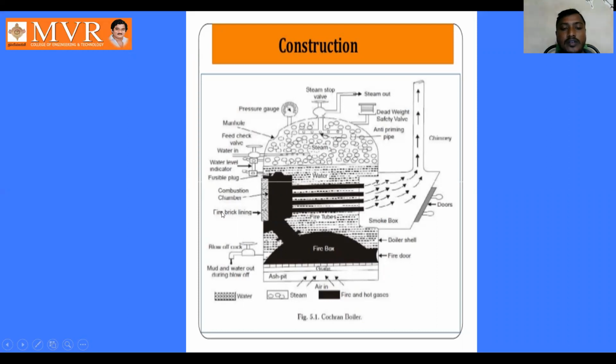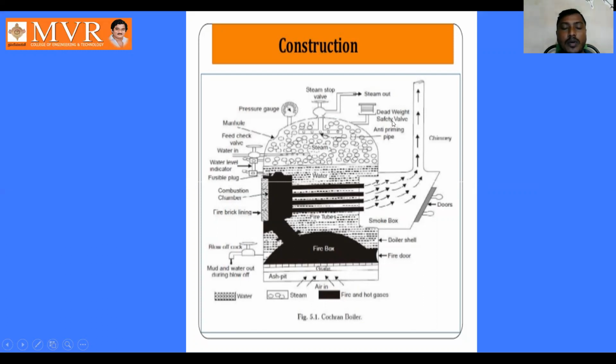After hitting the fire brick lining, these hot gases enter the horizontal tubes, and the water circulates around these horizontal tubes. The steam is collected by using this anti-priming pipe, and the remaining hot gases are sent into the smoke box, and from the smoke box they enter the atmosphere by using this chimney.